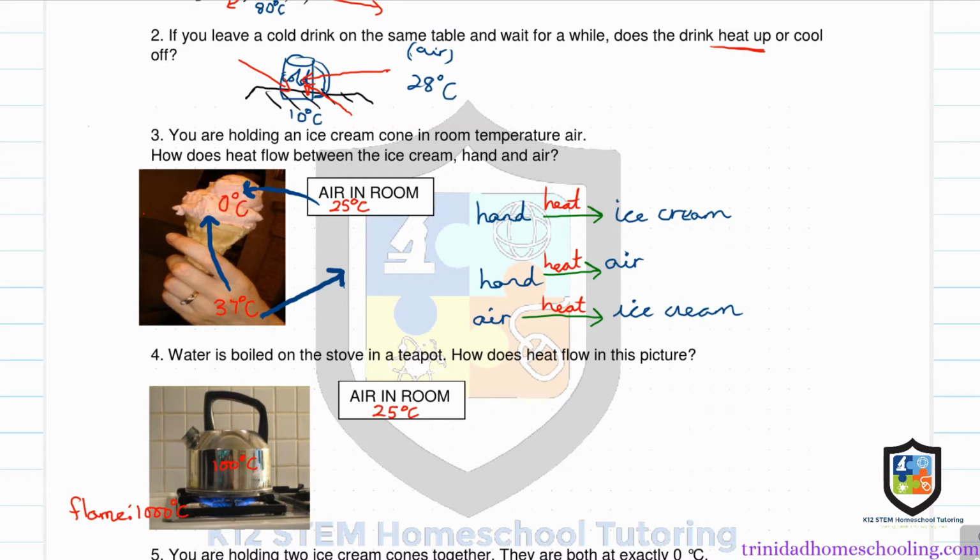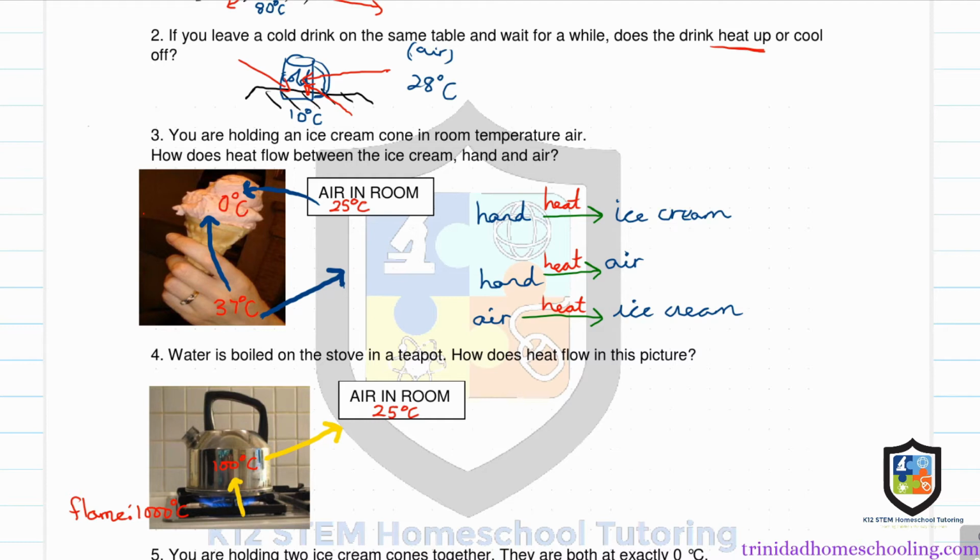Well, it will move from the areas that are hotter to areas that are lower in temperature. It will move from the flame to the pot, and then the heat of the pot to the air in the room. The temperature of the pot and the water inside is higher than the air in the room.